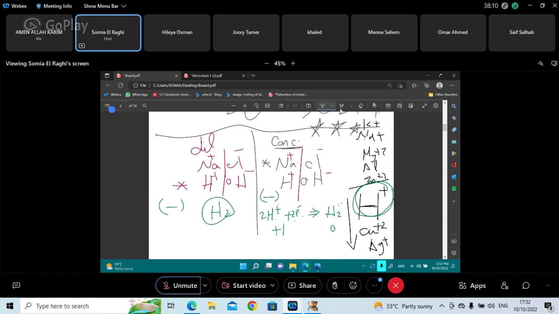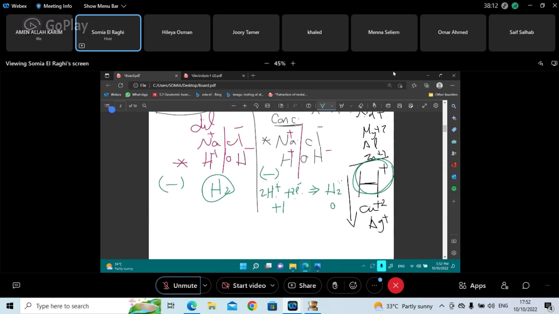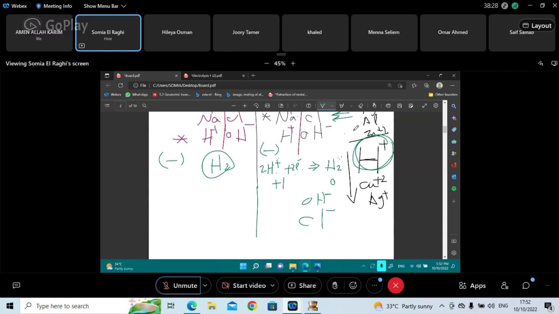Then, we have 2 series you have to know. We said concentrated means we have too much salt, so chloride is in the bottom and OH on the top. That is all you need to know. Even if I write it in the notes or any chemistry book, you see a lot of ions, but that's all you need in this kind of question.